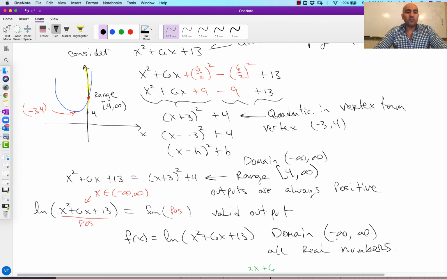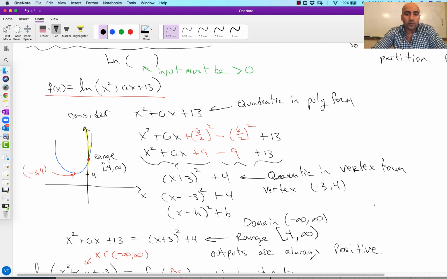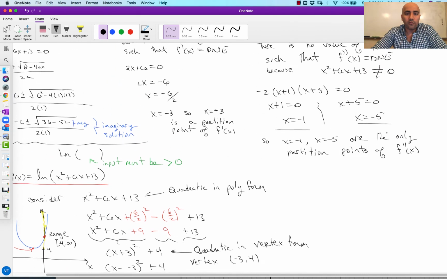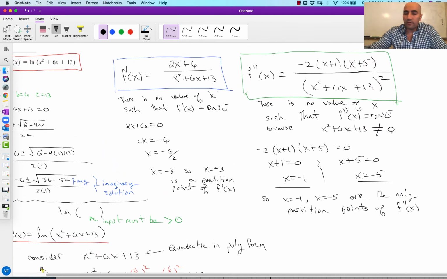Okay, so since the domain is all real numbers, now we can come back up here when we were looking at our partition values for the first derivative and the second derivative. We worked earlier to find these points. We found that x equals negative 3 is a partition point of the first derivative, and we found that x equals negative 1 and x equals negative 5 are partition points of the second derivative.